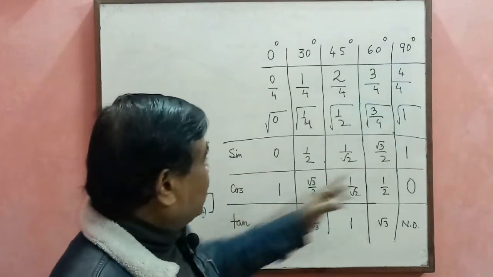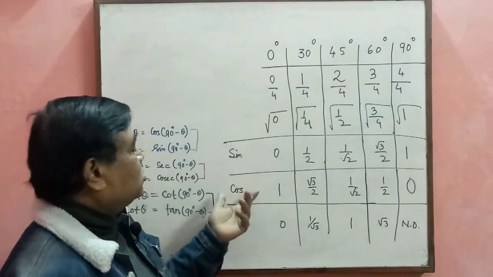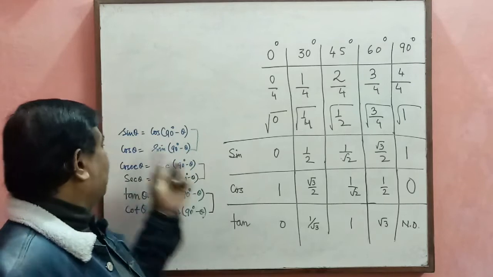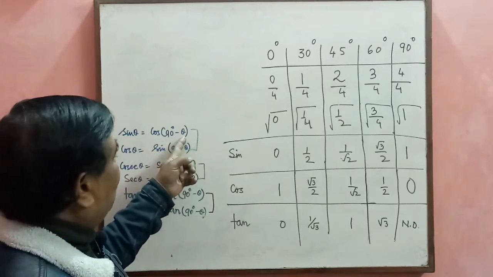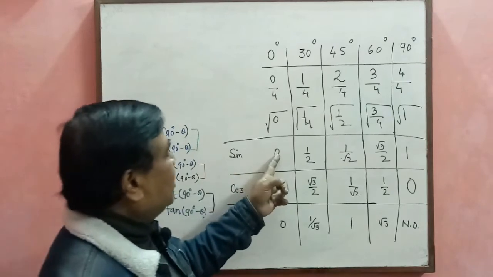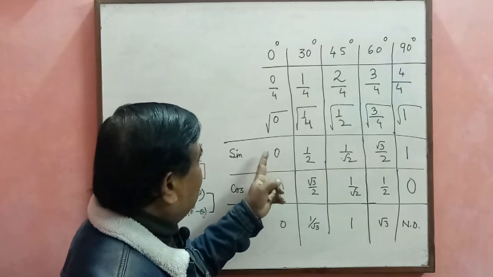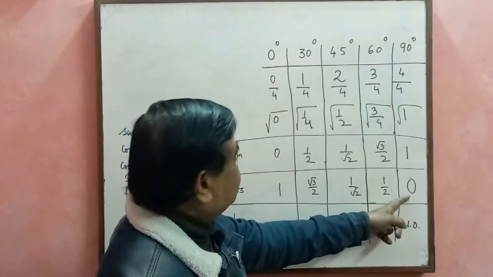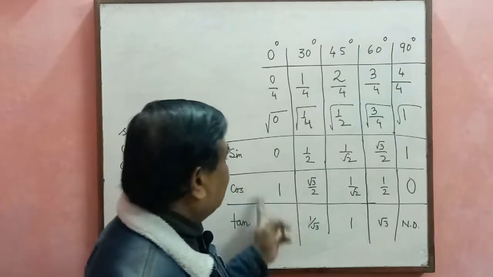If you just reverse this, this will give you the values of cos, because we know sine theta is equal to cos 90 degree minus theta. Obviously, sine 0 degree is cos 90 degree, and sine 90 degree is cos 0 degree. So this way you reverse this one.